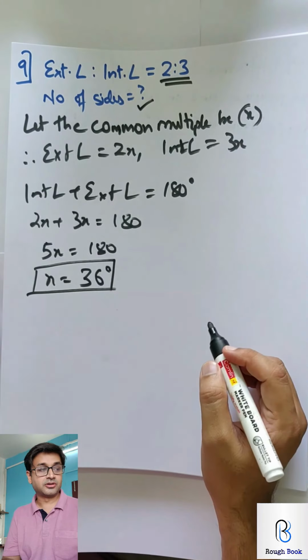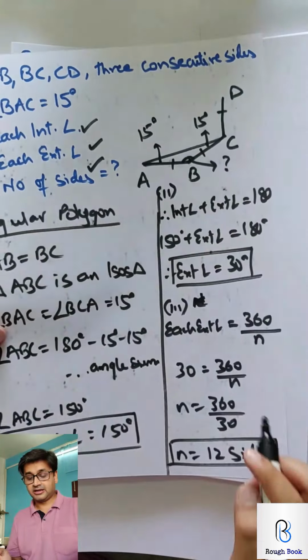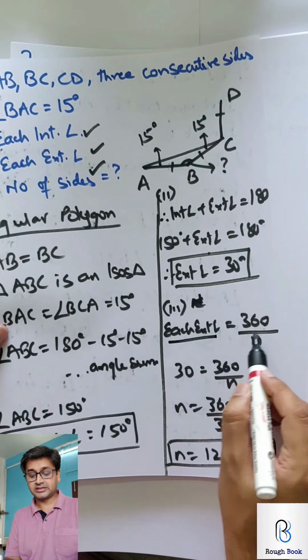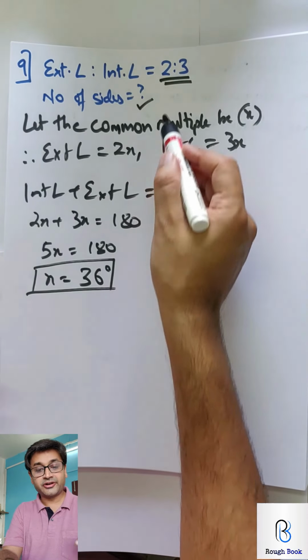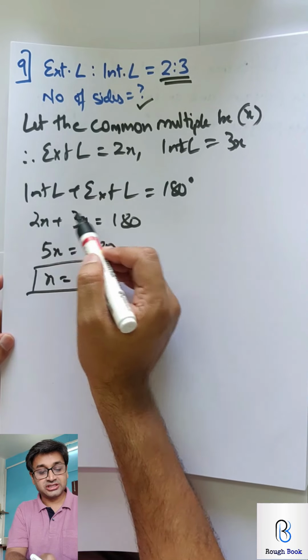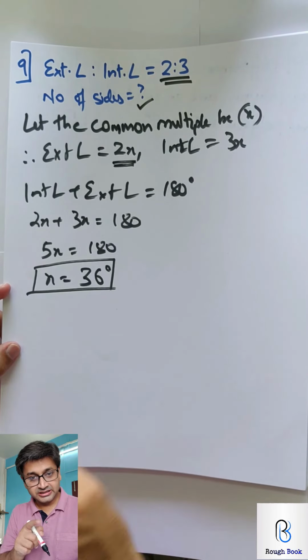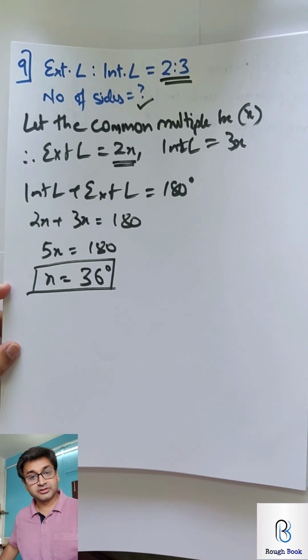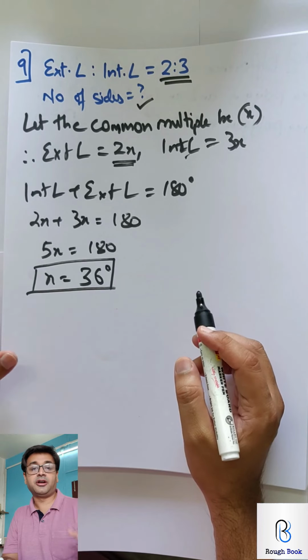My target is number of sides. How will I get number of sides? To find number of sides, exterior angle equals 360 upon n. So you can first find each exterior angle, which is 2x, and then find number of sides, or find interior angle and use the other formula.